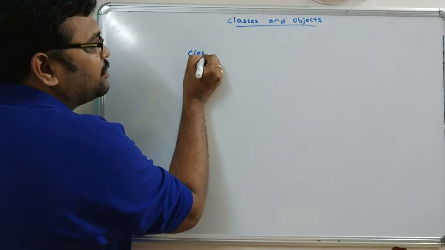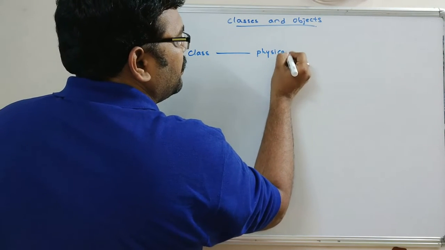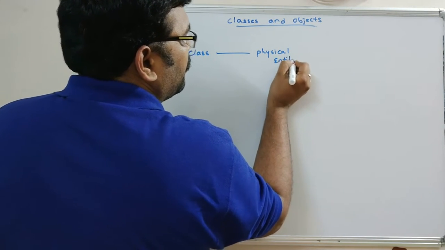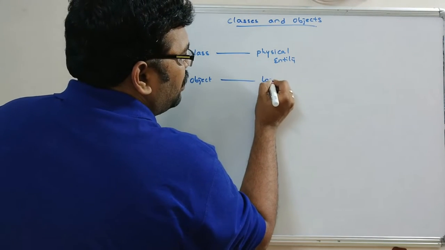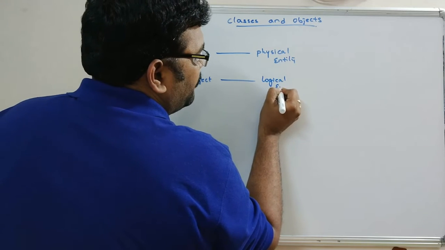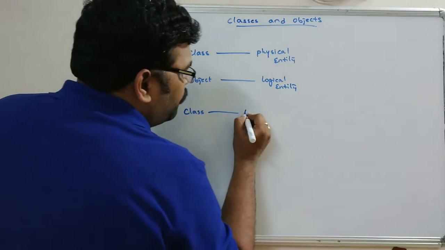A class is a physical entity. An object is a logical entity. A class is a blueprint.